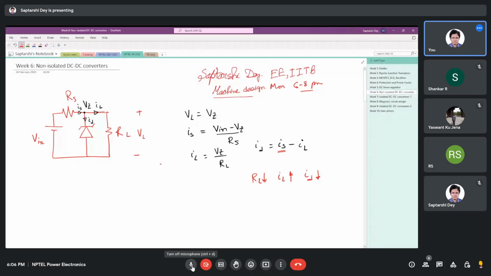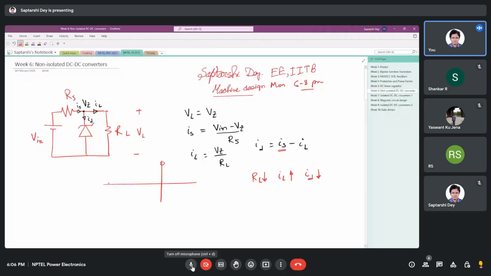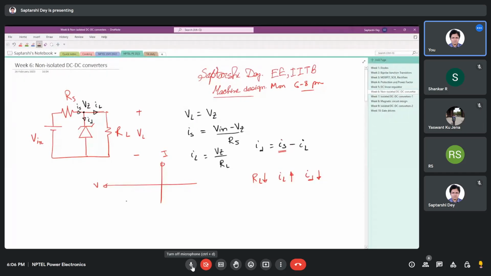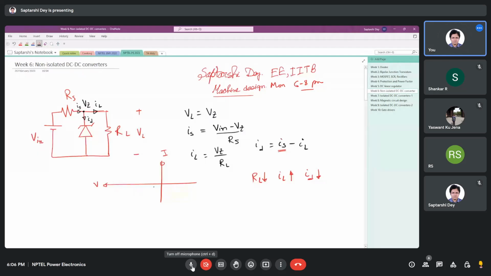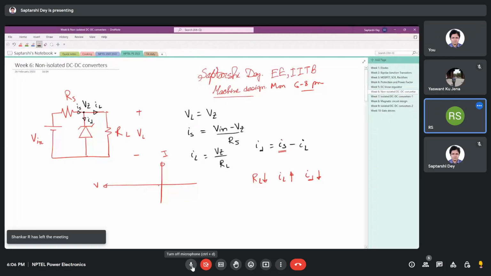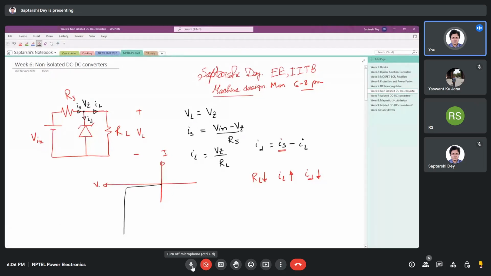If I now look at the current versus voltage of the Zener, it is like this, right? Ideal Zener. The voltage is constant for any value of current.